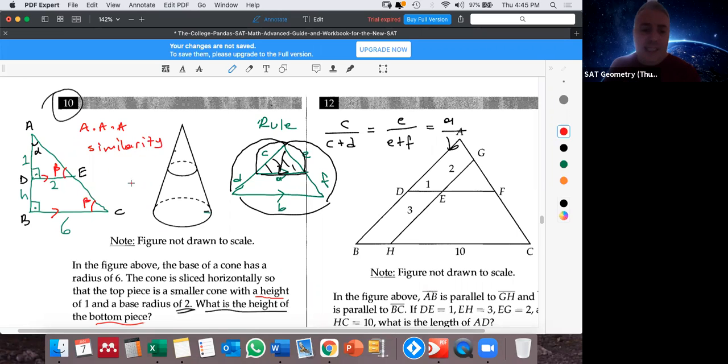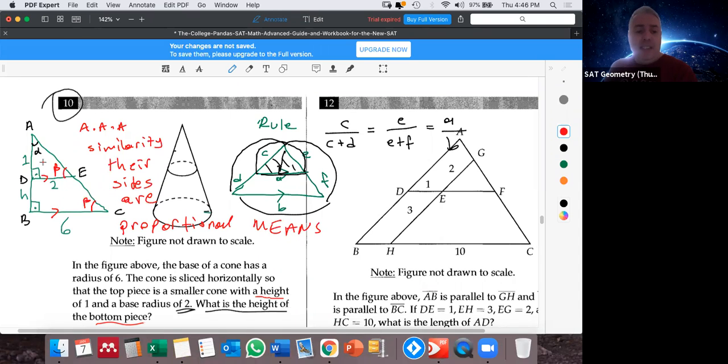So it says that whenever you have 2 different triangles, but they have same angles, alpha, beta, 90, alpha, beta, 90, if they have same angles, their sides are proportional.